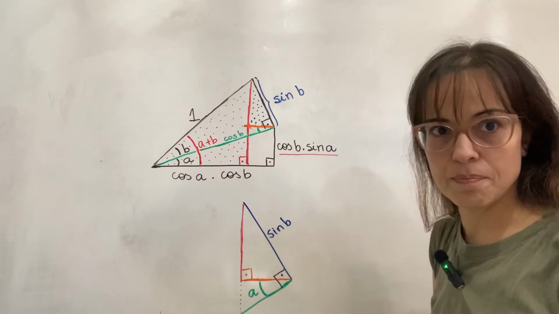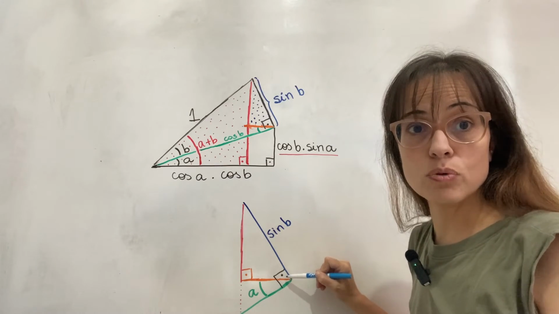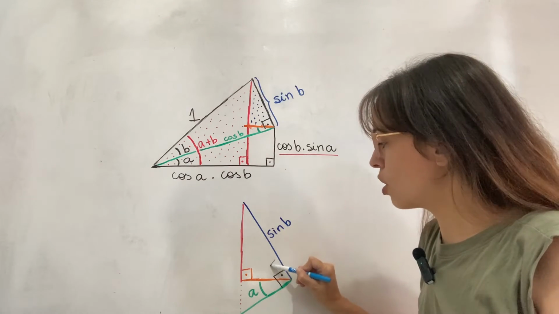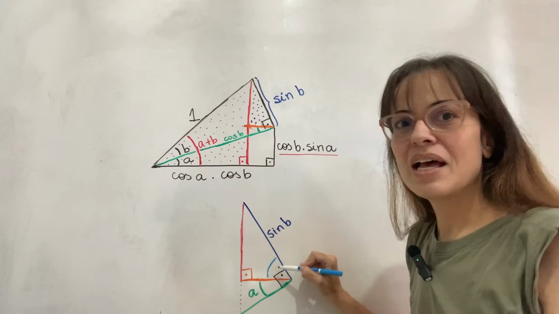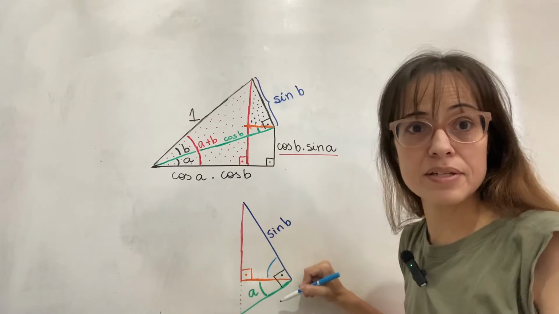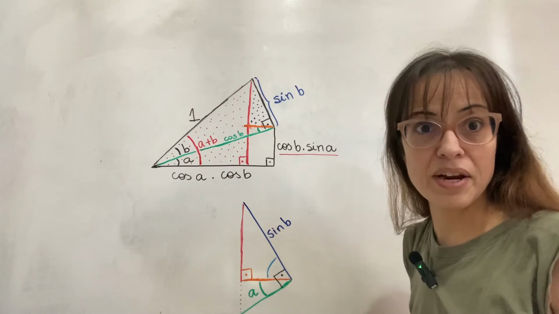Here's the angle A. Now this was a right angle, so that means that the part of this angle here that is in the triangle that I'm interested in, that's pi over 2 minus A to make it into a right angle.